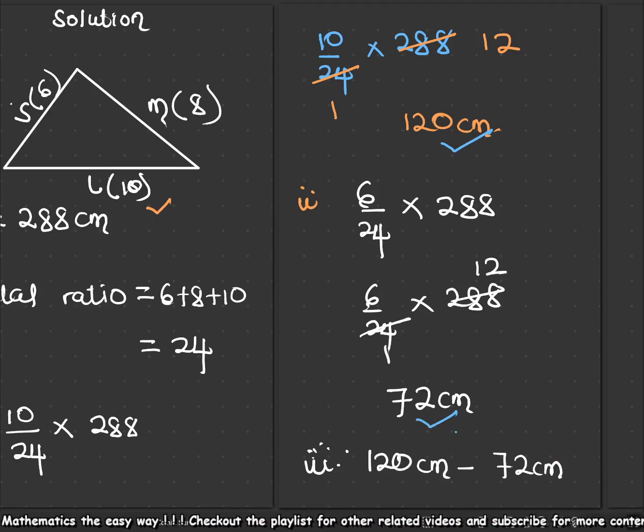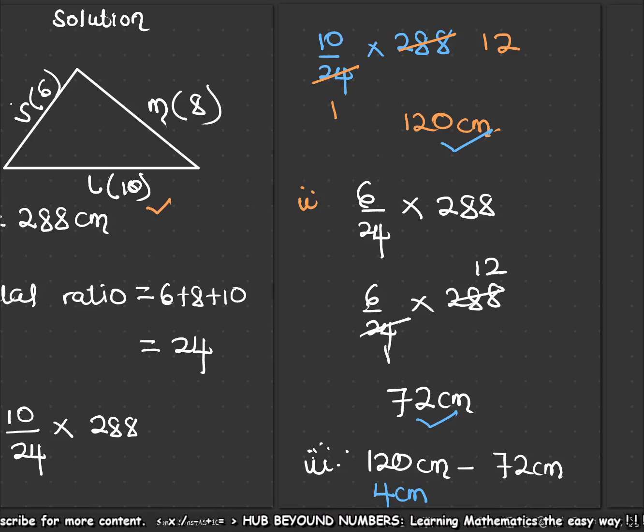Difference simply means subtraction, right? So we have 120 minus 72, and that gives us 48 centimeters. We can conclude that the difference between the longest and the shortest side is 48 centimeters.